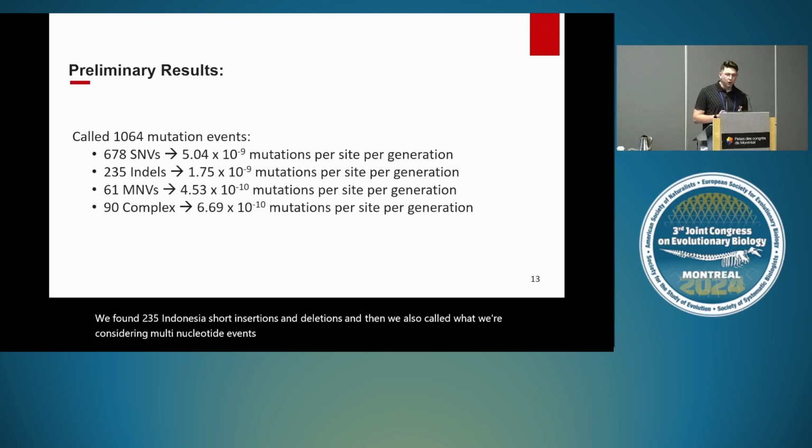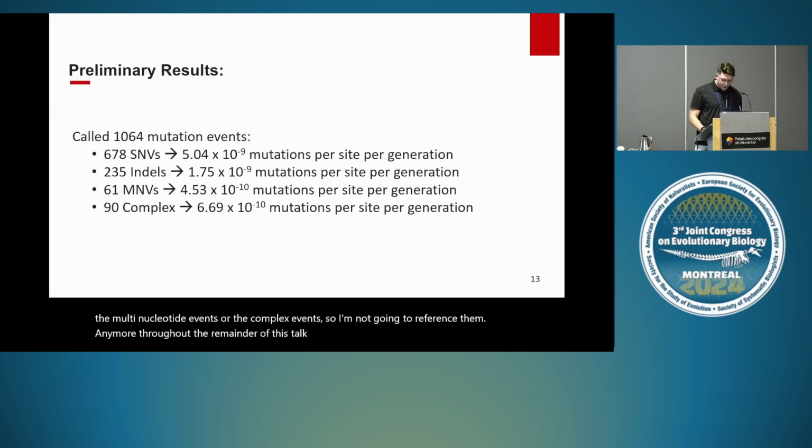If within a 1 kb window we found more than one SNP, we called that a multi-nucleotide event. And if within a 1 kb window we found at least one SNP and one indel, at least 2 events with one of them being an indel, we called that a complex event. We haven't so far found anything super interesting with the multi-nucleotide events or the complex events, so I'm not going to reference them anymore throughout the remainder of this talk.